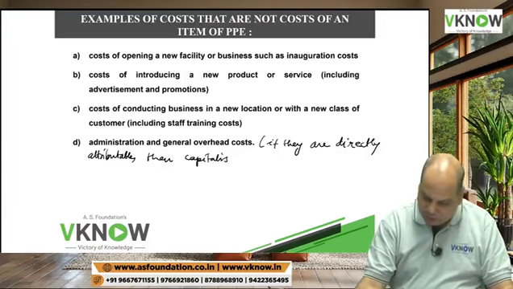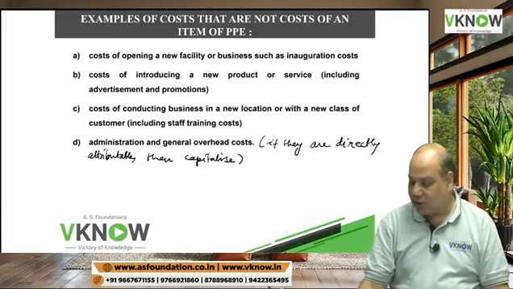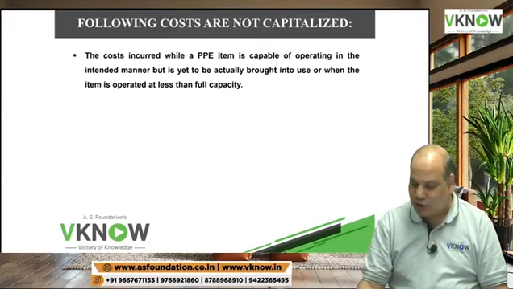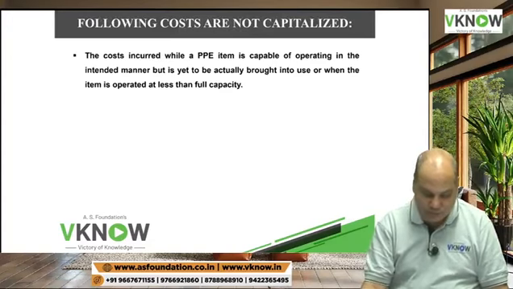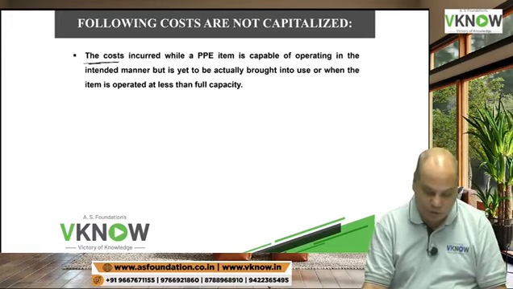If they are directly attributable, then capitalize. Okay. The following costs are not capitalized. Why I am telling you, because after some minutes I will give you some questions and you have to check whether those costs need to be capitalized or not.